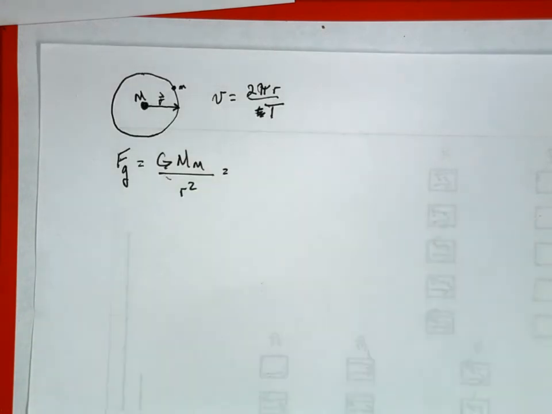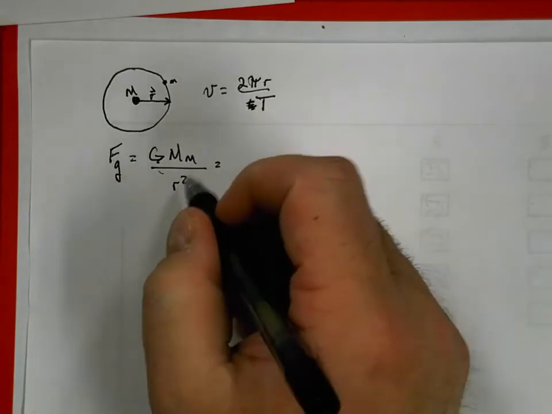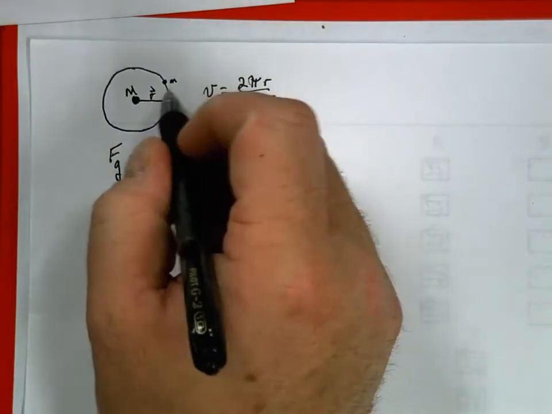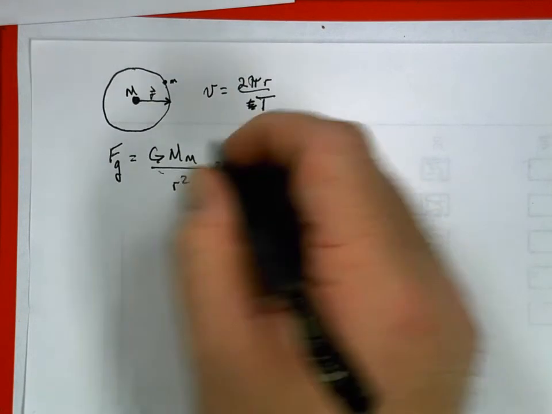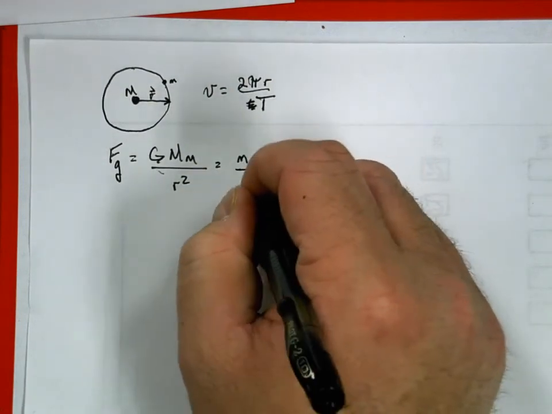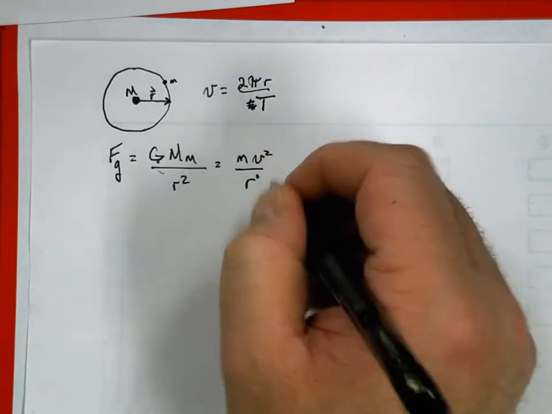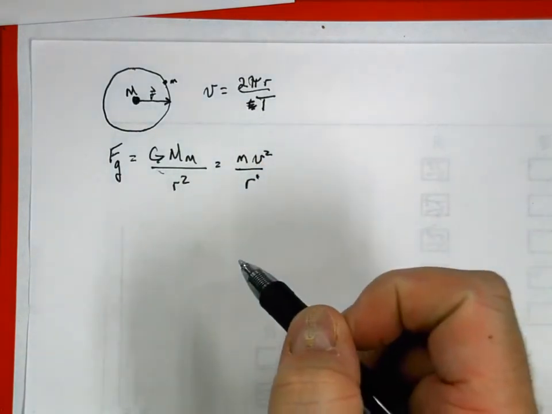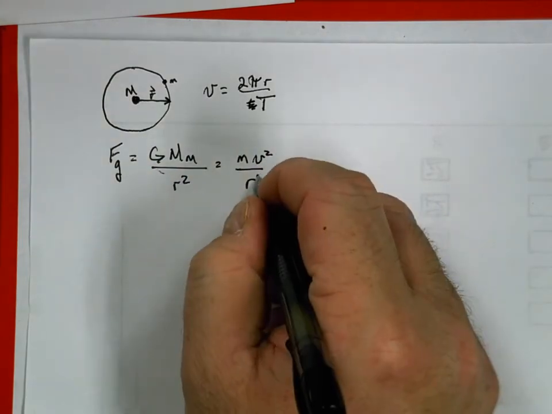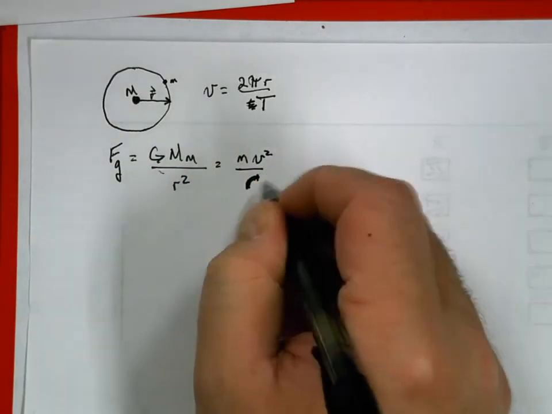This is the force causing it to travel in a circle. So this also equals the little mass times its acceleration, which is going to be v squared over r to the first. Make sure it's just r without a square on it, because we have a lot of squares going in there.